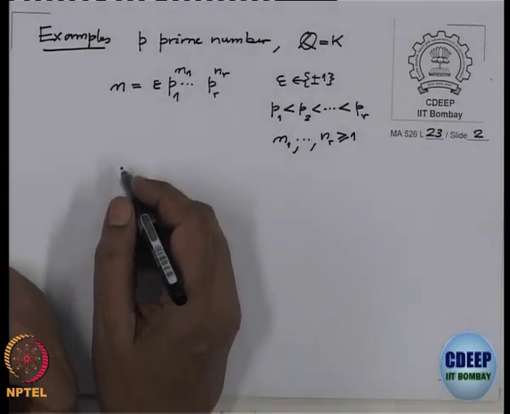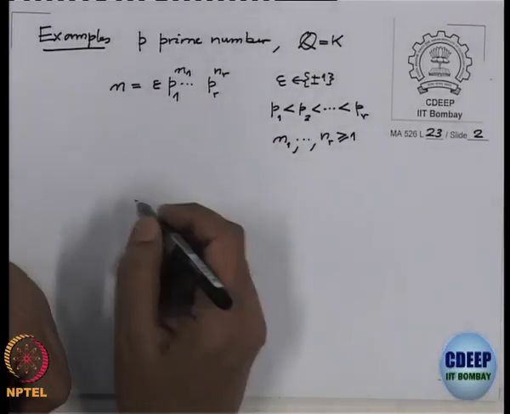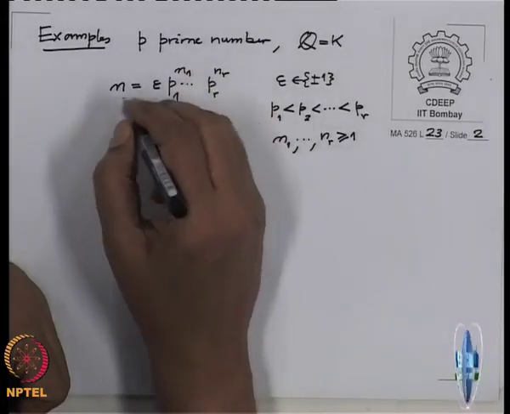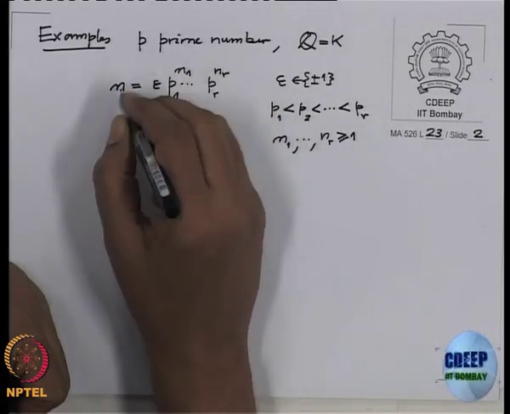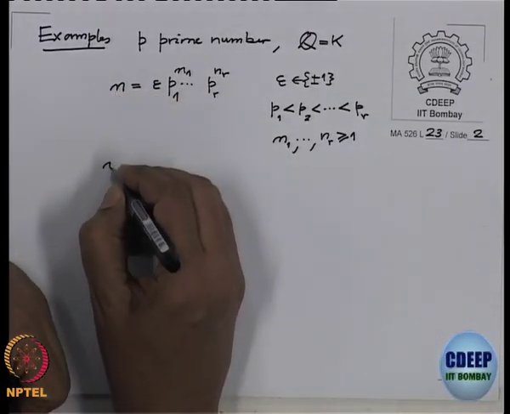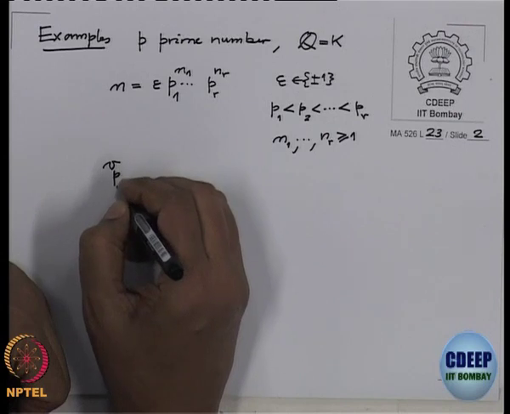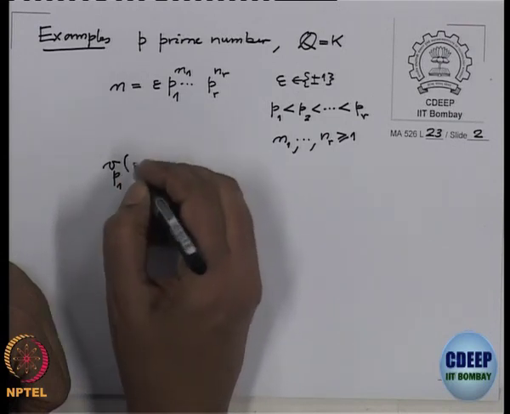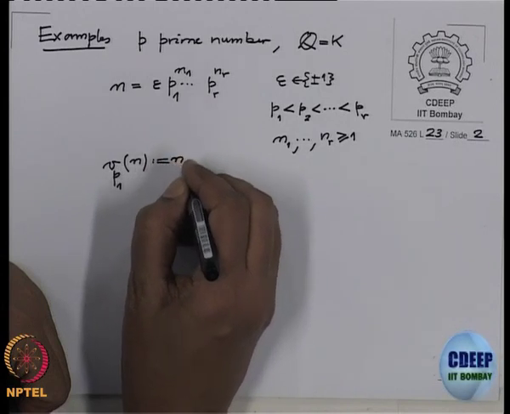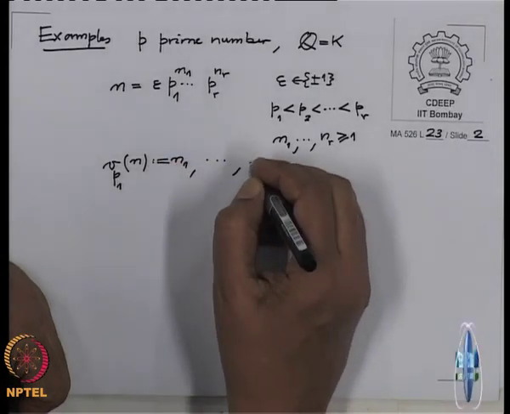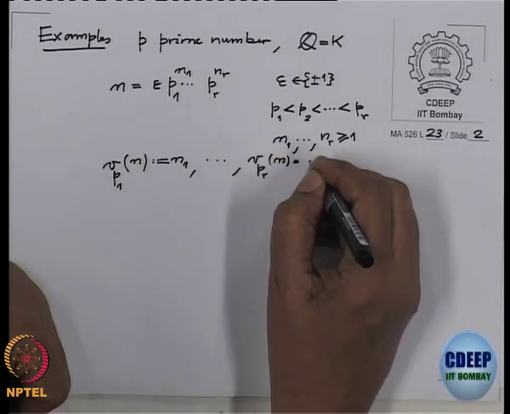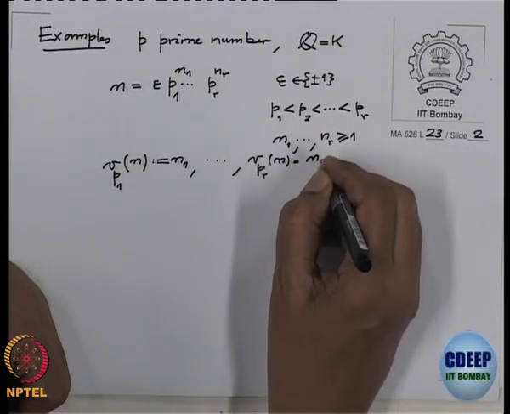Then, as you might have seen in school, the standard notation for this power N1, which is the highest power of P1 that occurs in n, is VP1 of n equals N1, and so on, VPR of n is NR.